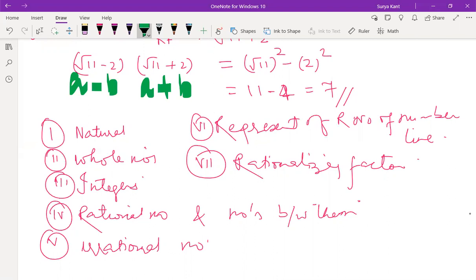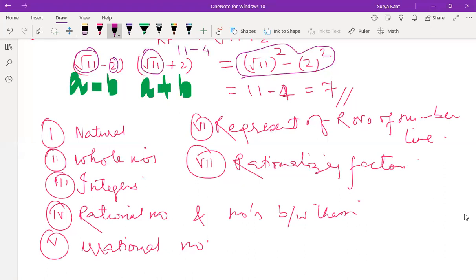Sir, is there any shortcut method to find this, suppose we have root 11 minus 2 multiplied by root 11 plus 2? See, this is the only shortcut. Which part are we having difficulty with? Root thing is coming 2 times, so you write 11 as it is, no problem. And if a number is coming single without root, you write minus and just square it.